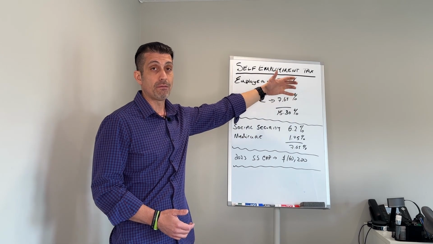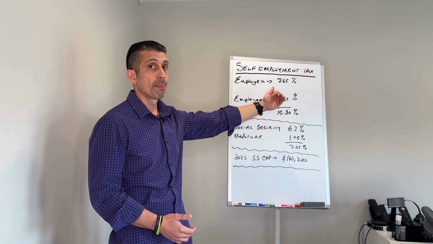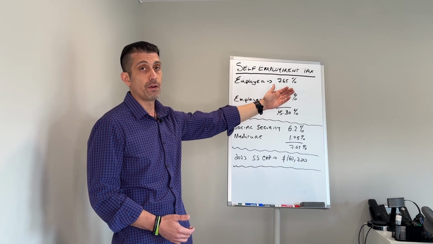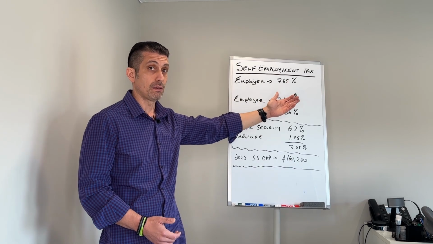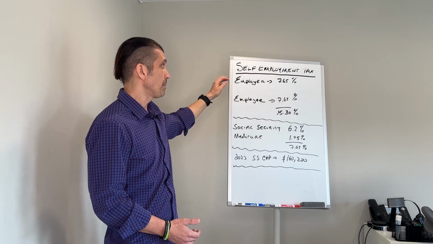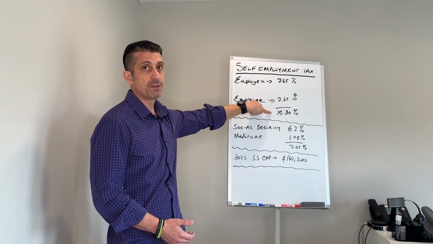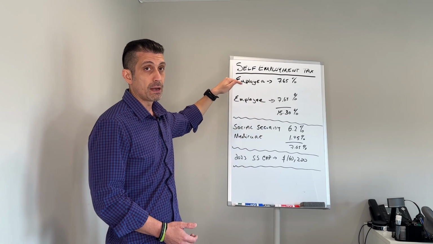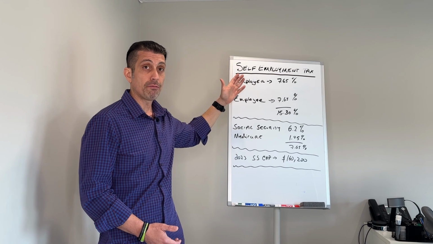That's something that's obviously not going to be on your pay slip, but your employer is matching the same amount that you're paying towards your Social Security and Medicare tax. That's basically what's happening behind the scenes. So if you're all of a sudden an employer and employee, you now have to pick up 15.30% as both employer and employee, and that could really add up to a lot of money for some people.